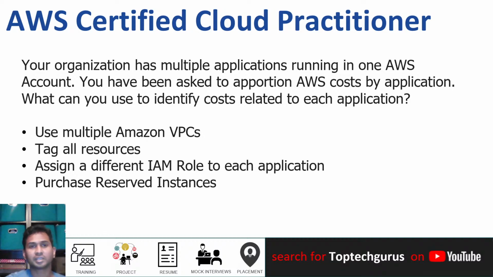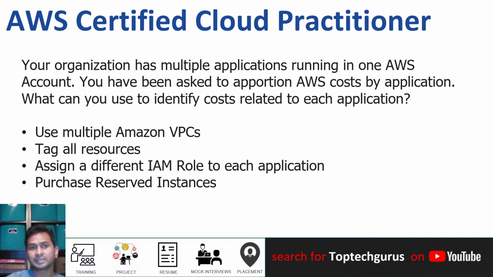I don't think that's an option at all. So yeah, you can do it, and I don't see how that helps to apportion the cost or identify which application is costing what. So I'm going to strike off one. I'm going to skip past two just because I want to come back to it later.